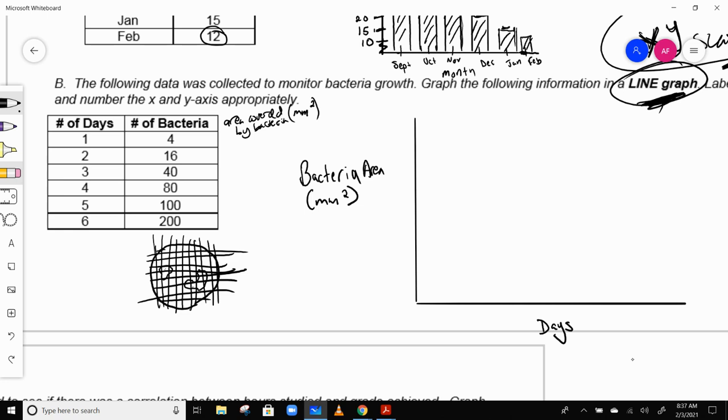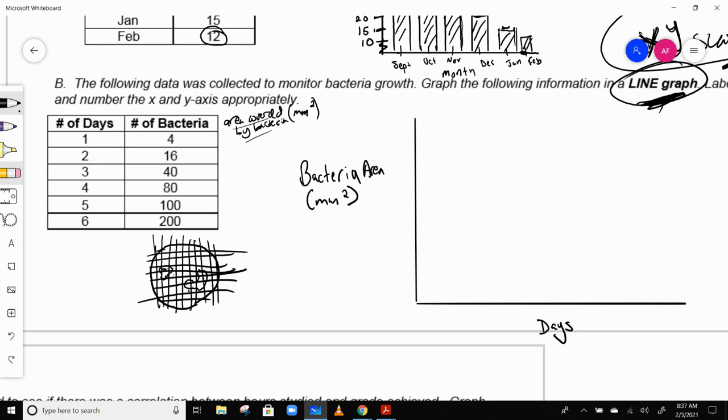Okay, so if you're growing a bacteria culture, again, you put the bacteria on this petri dish. It's like a circle. The bacteria will grow. You'll see it, and then you'll put a little grid on top of it, and then you'll count the squares. However many squares the bacteria is in will be the area covered by the bacteria.